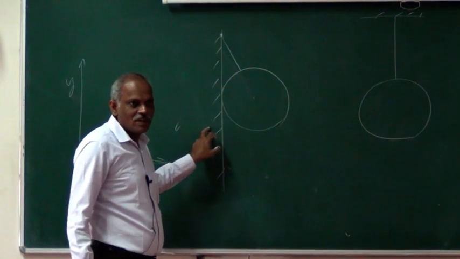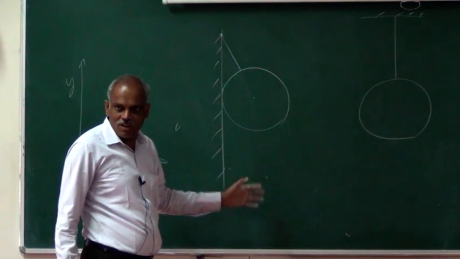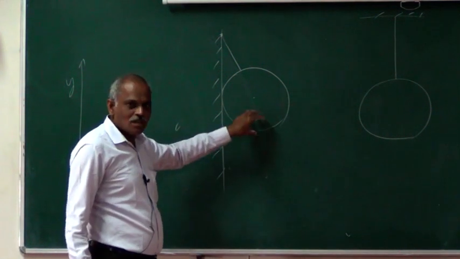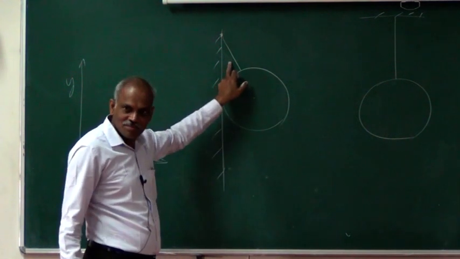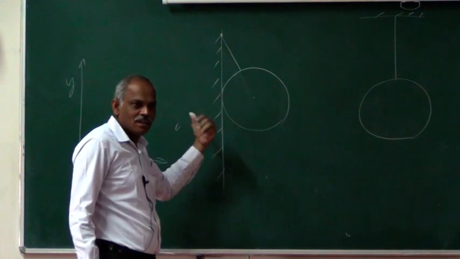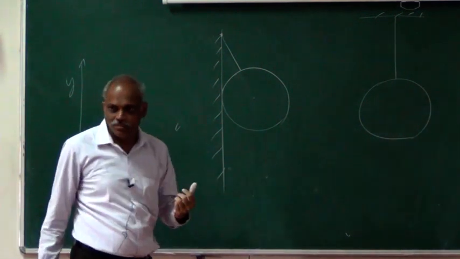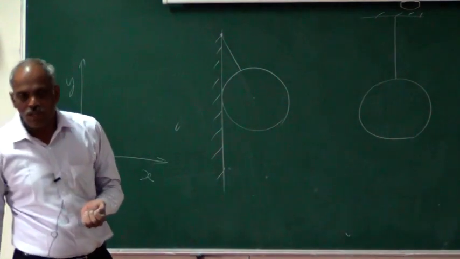The wall is preventing it. So here you have constraints on the ball. The ball is not permitted to move downwards because of the string. The ball is not permitted to move in the horizontal direction, especially in one direction, because of the wall.